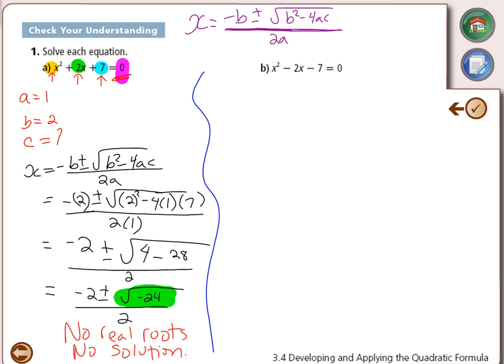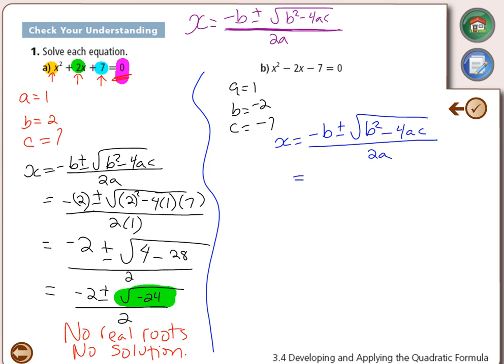But just by changing that positive 7 into a negative 7, let's see what happens now. Again, starting by labeling, a is equal to 1, b is equal to negative 2, c is equal to negative 7 this time. Start with your formula. X equals negative b plus and minus square root b squared minus 4ac all over 2a.